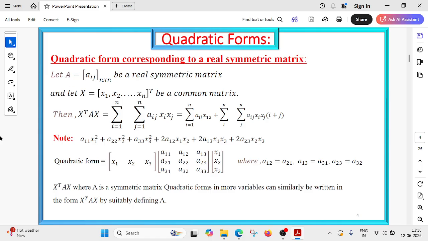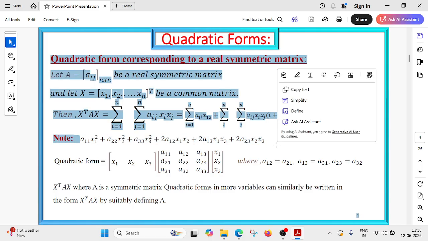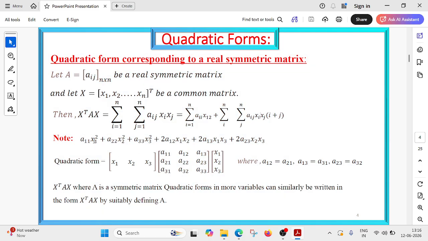Here we have taken A to be a real symmetric matrix and x to be a column vector, and we are representing x transpose Ax in the form of the summation of i from 1 to n, j from 1 to n of a_ij x_i x_j. After multiplying, this is the form: a11 x1 square plus a22 x2 square plus a33 x3 square plus 2a12 x1x2 plus 2a13 x1x3 plus 2a23 x2x3.